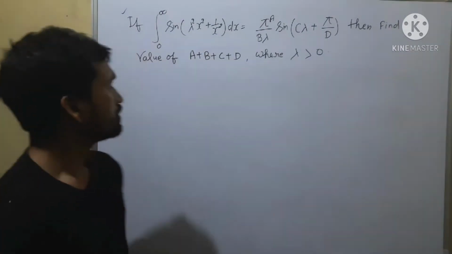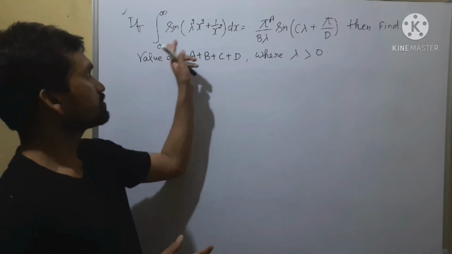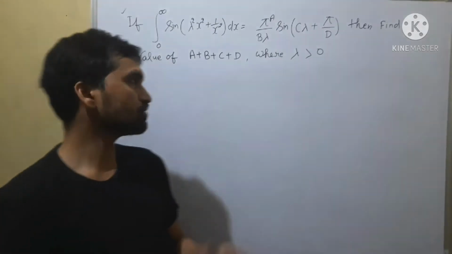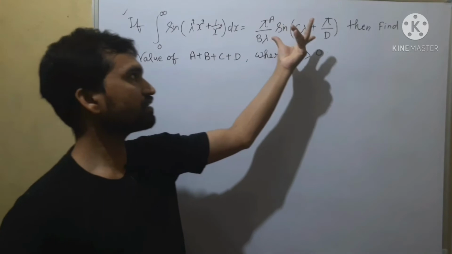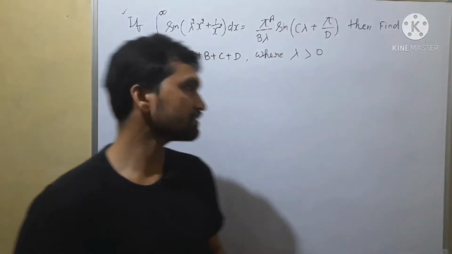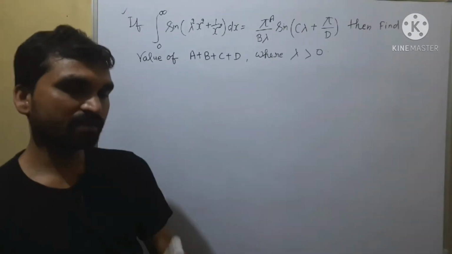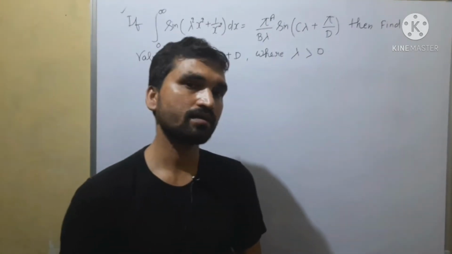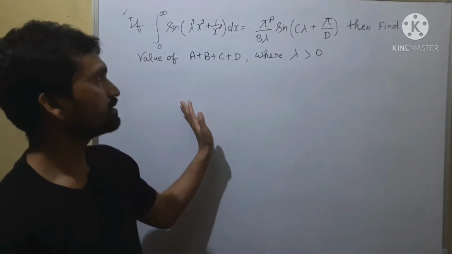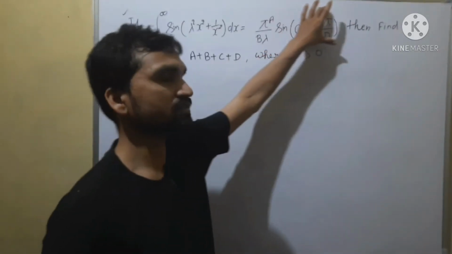Okay. So if we observe this question, we have two sides. One is LHS and another one is RHS. LHS is to be integrated, and after the integration we will compare that result with RHS.